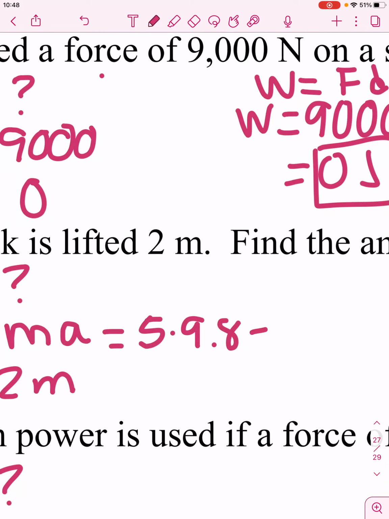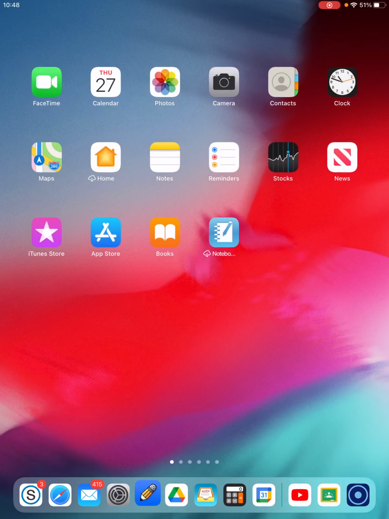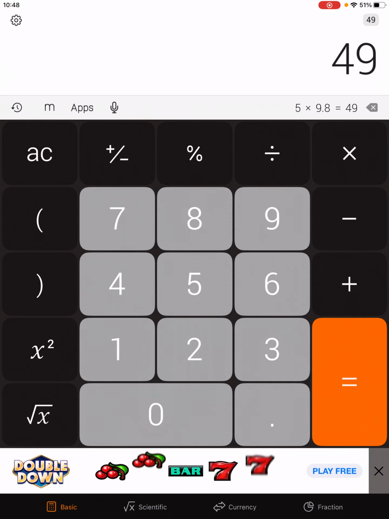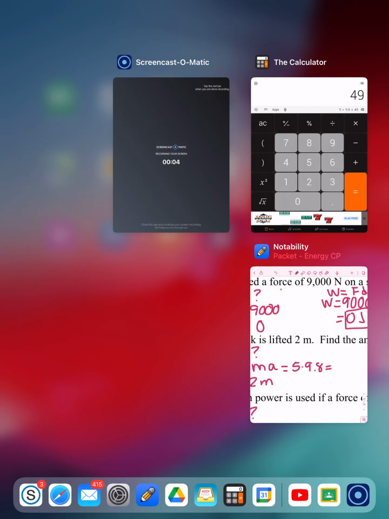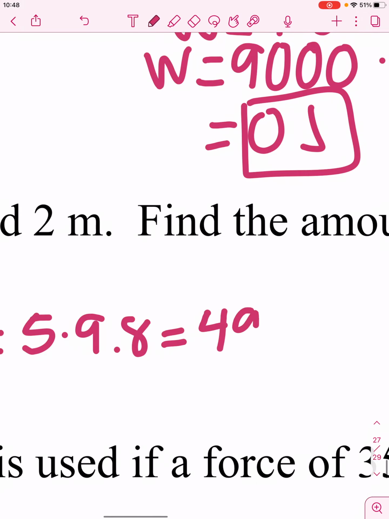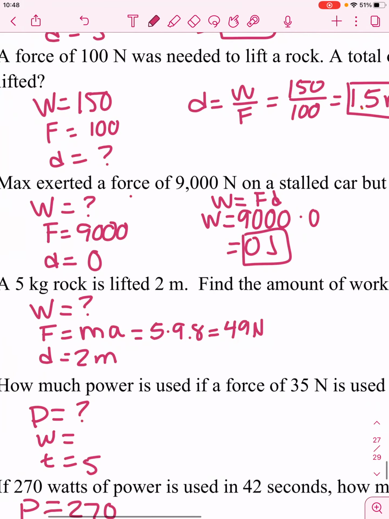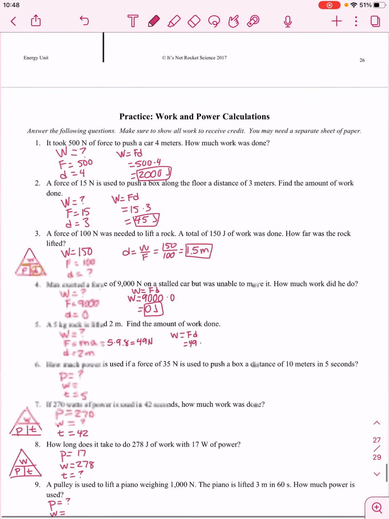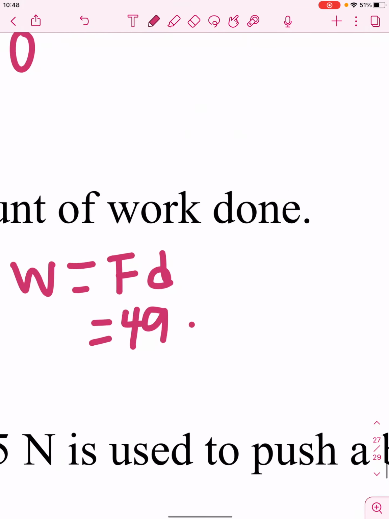All right, so 5 times 9.8 equals 49. So 49 newtons is my force. Now I can go ahead and plug this in. 49 times 2 is 98.